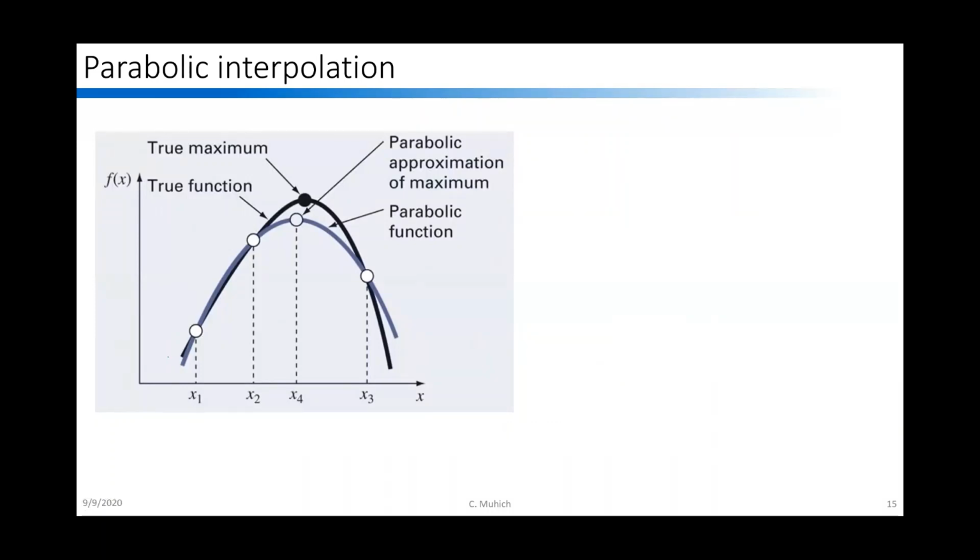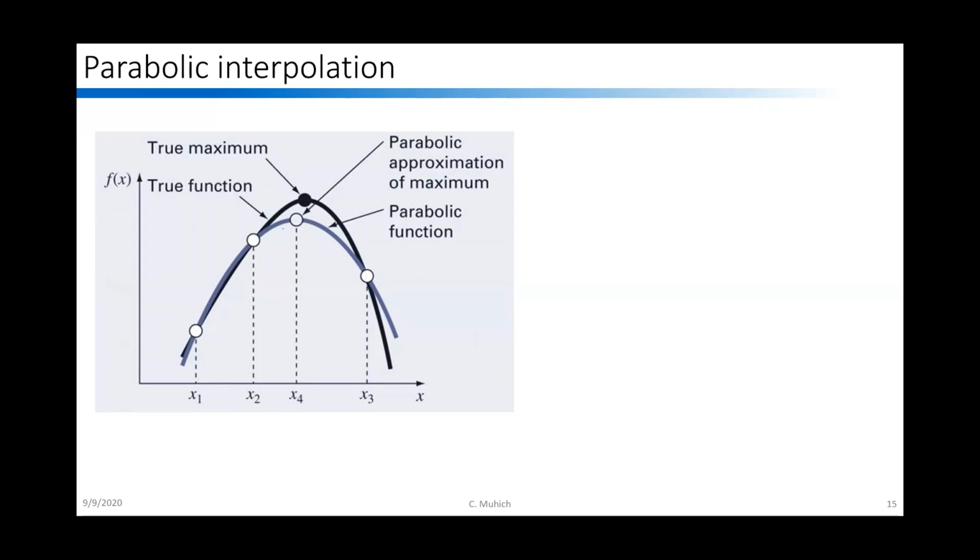Take this shape so you can see the outline of the shape in black, where we see the true maximum, and we're going to take 3 points along that function. We need 3 because 3 points is the minimum required to fit a parabola.